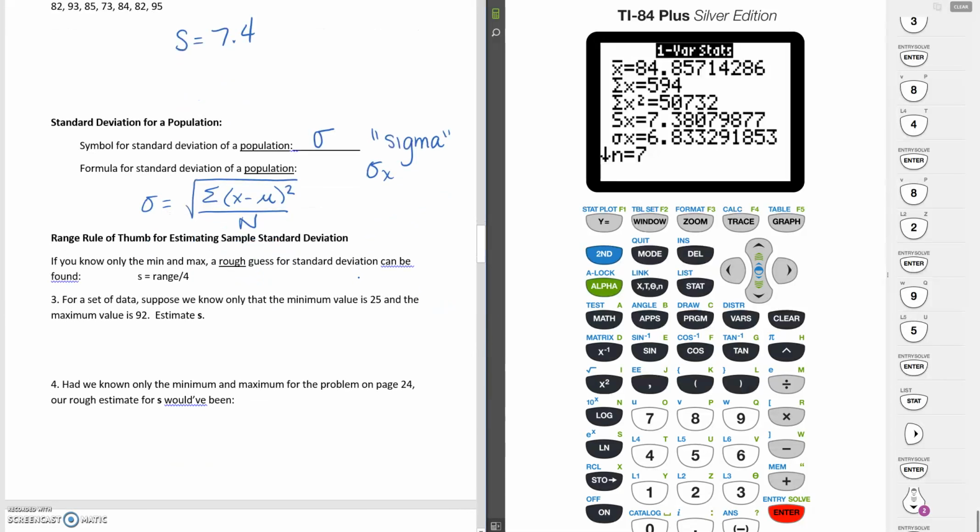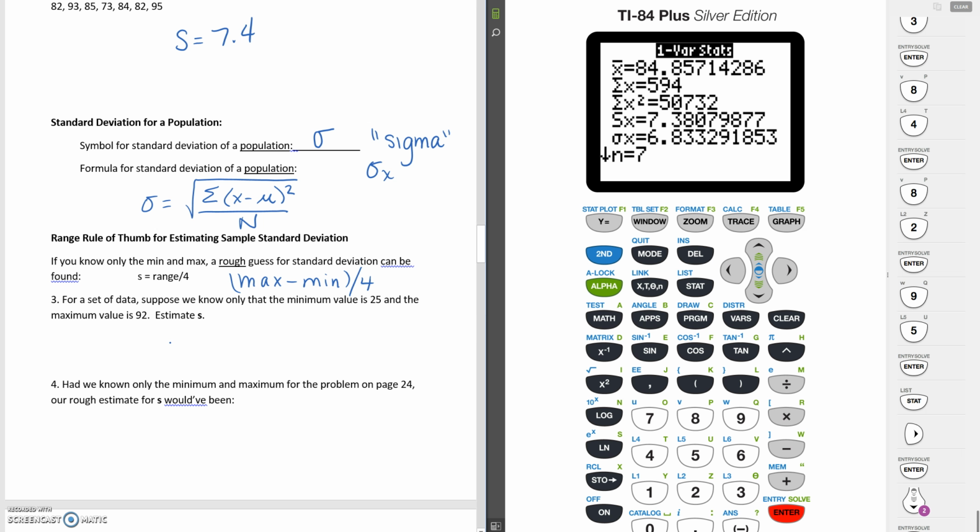Now, this is just kind of a funny little rule, but it's called the range rule of thumb for the standard deviation. If you only know the min and the max, a rough estimate for the standard deviation can be found by taking the range, which is the max minus the min, and then dividing that by 4. It would always be 4. So number 3 here says, for a data set, suppose that we only had the minimum value is 25 and the max is 92.